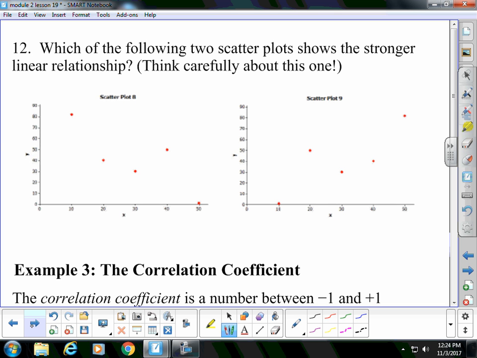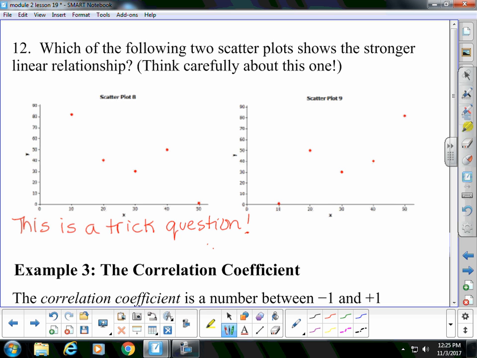12. Which of the following two scatter plots shows the stronger linear relationship? Think carefully about this one. It's actually a trick. They're the same.